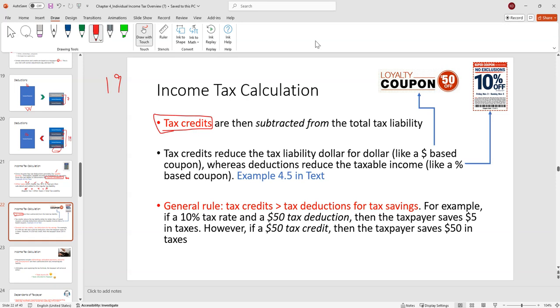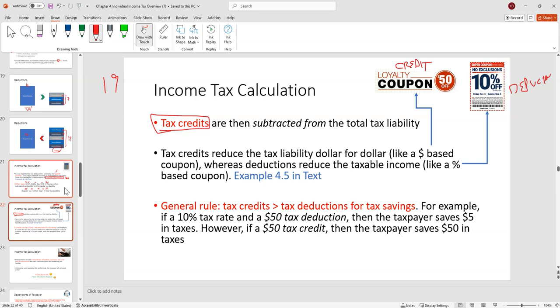So the way I like to think of it is a credit is like a dollar-based coupon, whereas a deduction is a percentage-based coupon. Generally, credits are going to be better than deductions, right? If it's the same amount, would you rather have a $5 credit or a $5 deduction? All day, every day, you're going to want to take the credit because it directly reduces your tax liability, right?